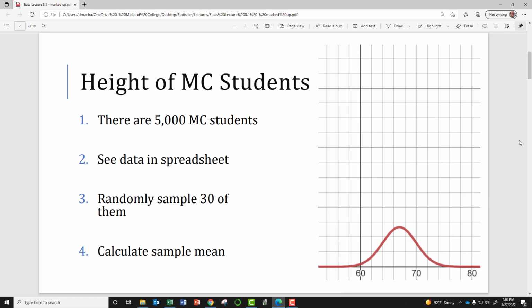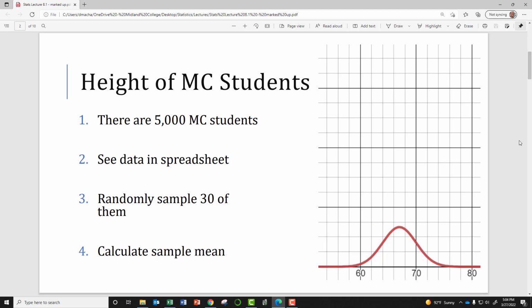Let's first consider this example. Suppose there's 5,000 Midland College students, and what I have is some made-up data in a spreadsheet. We're going to randomly sample 30 of them, take their height in inches, and calculate the sample mean of those 30 students' height.